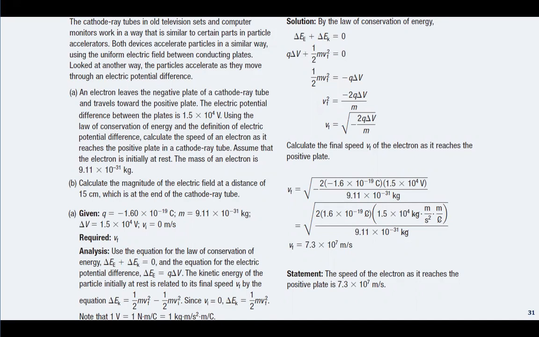So put all the values in, we have Vf equals the square root of negative 2Q delta V over m. Delta V is the electric potential difference.